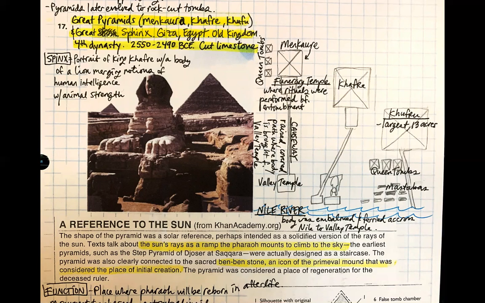The early pyramids, such as the step pyramid, were actually designed as a staircase to climb to the sun. The pyramid was also clearly connected to the sacred Ben stone, which is an icon of the primeval mound that was considered the place of initial creation. We're going to talk about the Egyptian creation myth pretty soon. The pyramid was considered a place of regeneration for the deceased ruler.